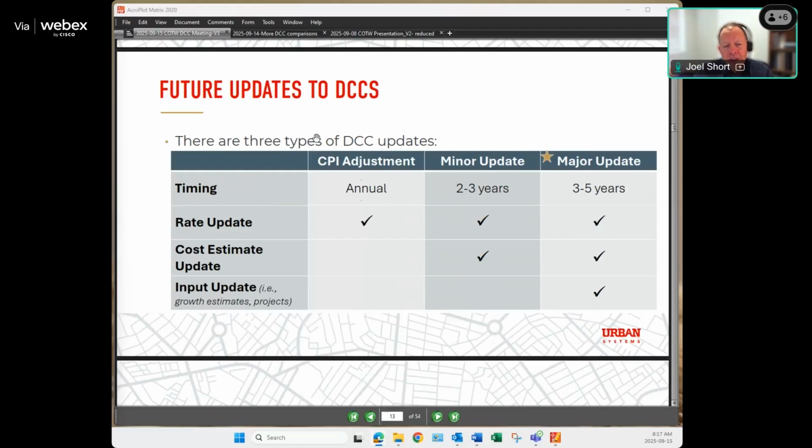Oh yeah, great question. So the DCC money goes into a DCC reserve fund, and that reserve fund is then used for the types of projects that have been identified as DCC projects on the list. And we'll come to that in a bit. There's specific projects that are identified as development cost charge projects. Those are the growth related projects.